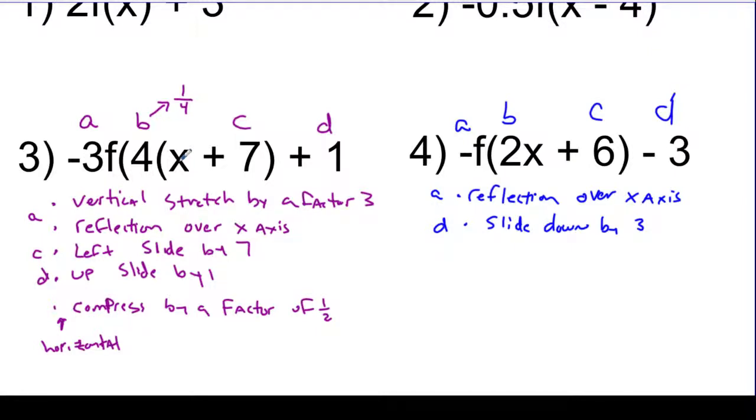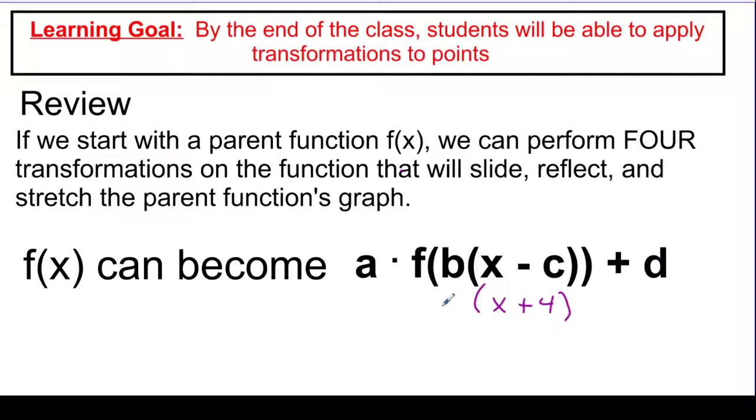The coefficient of x is 1. If I come over to this one, the coefficient of x is 2. That's bad. If I go back to where we started, in my original form, the form where we're talking about A, B, C, and D, the value in front of x, the coefficient of x, is 1, and that has to be true before we can talk about B and C.